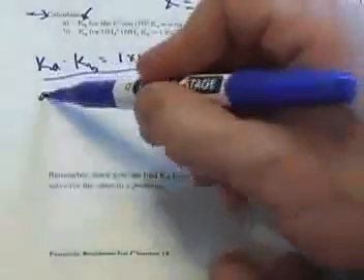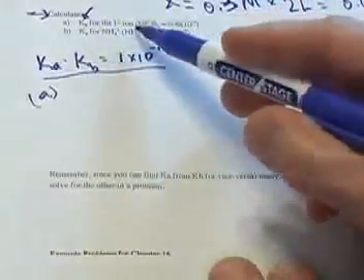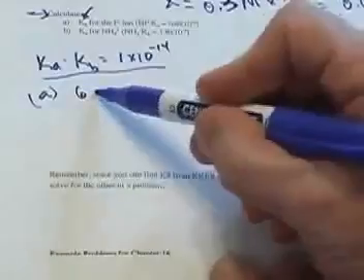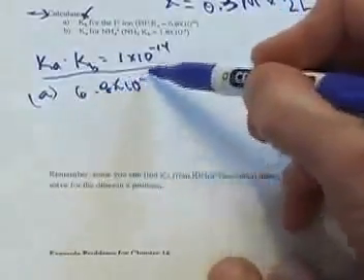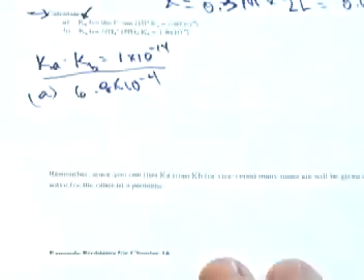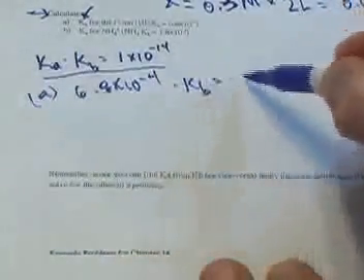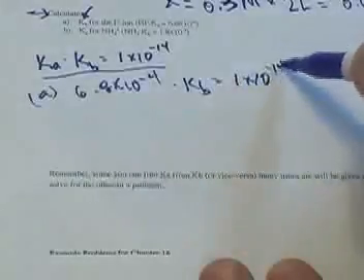And you can use this equation to do the solving by sticking the other one in. So let's do letter A here. It tells us find the Kb for F minus ion if the Ka is equal to 6.8 times 10 to the negative 4th. And this times the Kb would be equal to 1 times 10 to the negative 14th.